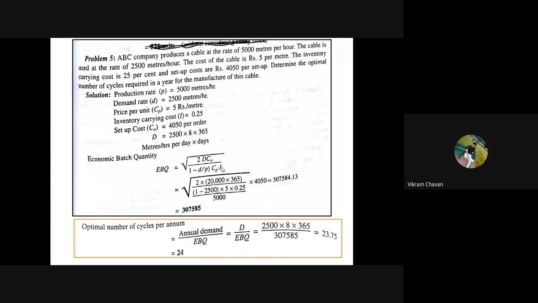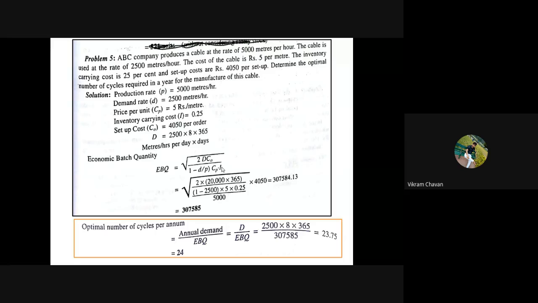Price per unit, CP, is 5 rupees per meter. Inventory carrying cost in a percentage, capital I, is 25%, that is 0.25.